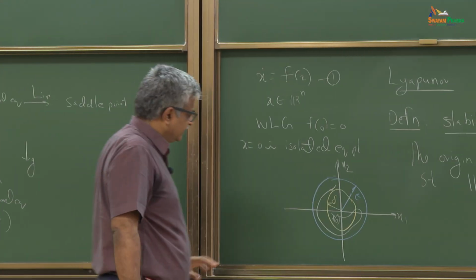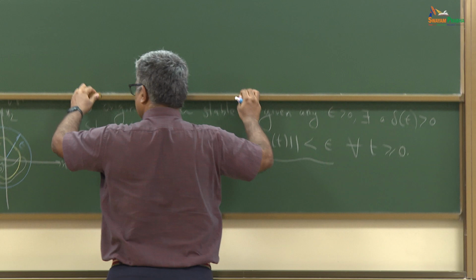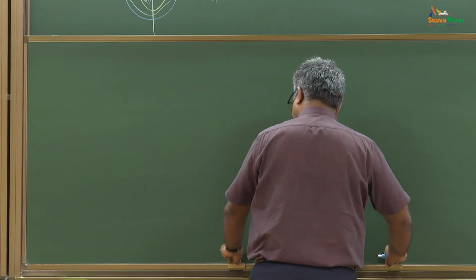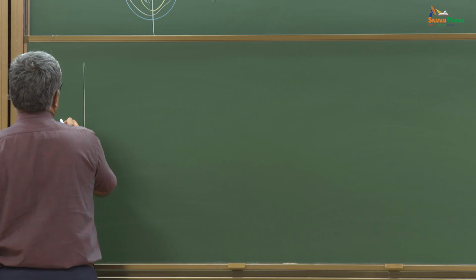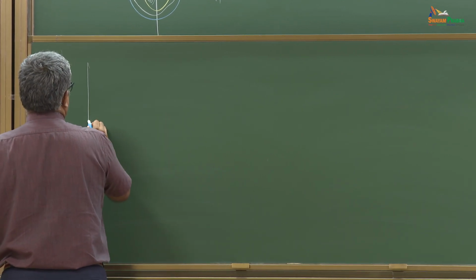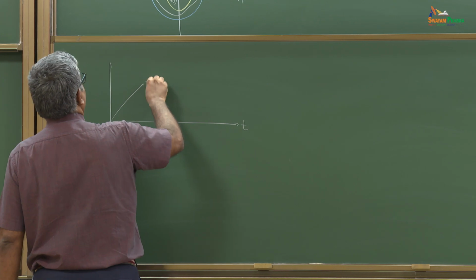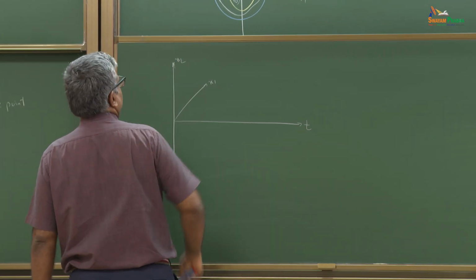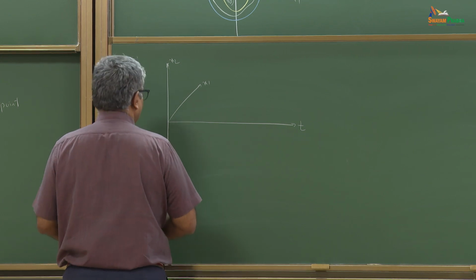If you want to see the time evolution of this, then the picture would be something like this. Say I have x1, x2, and this is the time axis.